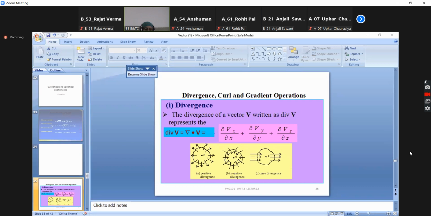Let's talk of curl. Curl is basically when you take a cross product of two vectors. Which are the two vectors? First is a del vector and another is any vector which is suppose v.